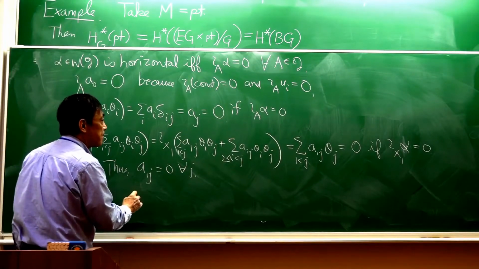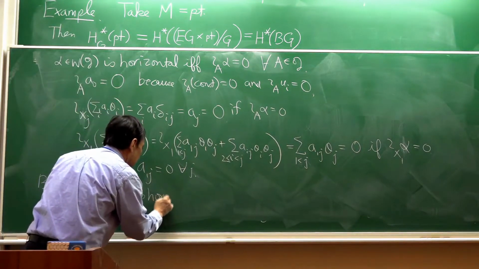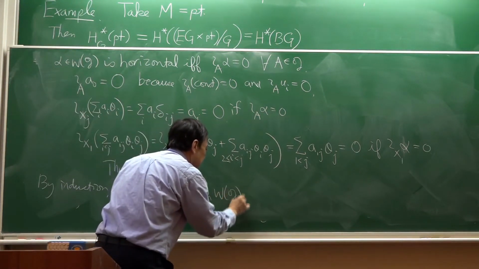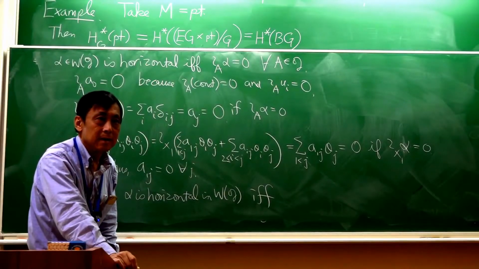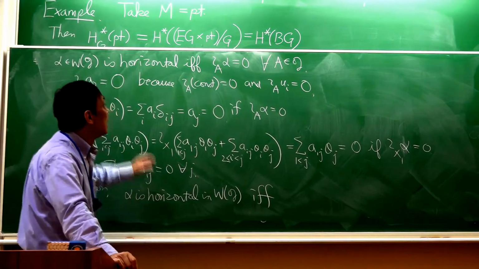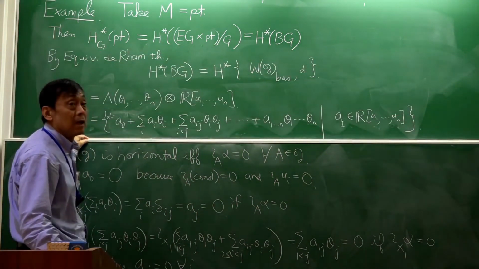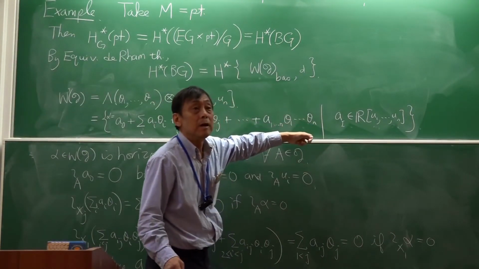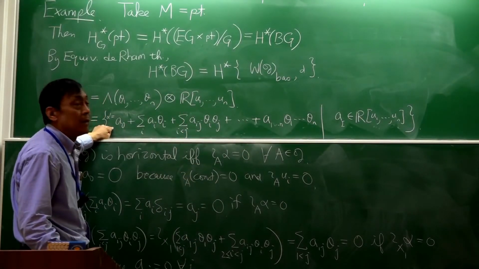So alpha is horizontal in the Lie algebra if and only if, what is your conclusion? Your conclusion is that all of these coefficients are 0, except the first one, right?